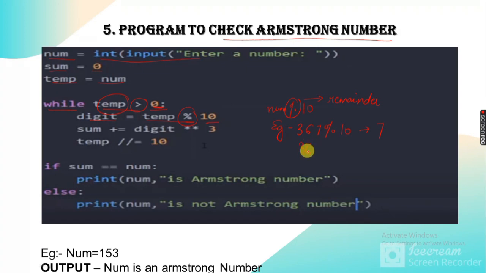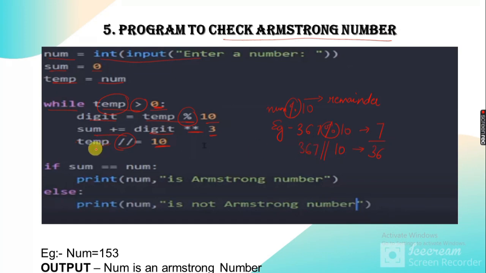But if I have written double slash instead of this operator, then it will give me the previous value, that is the 36. Now sum plus is equal to digit asterisk 3, then temp slash slash is equal to 10. This will give the previous value as 36 if we have written the value as 367, and this operator will give the last digit as 7.